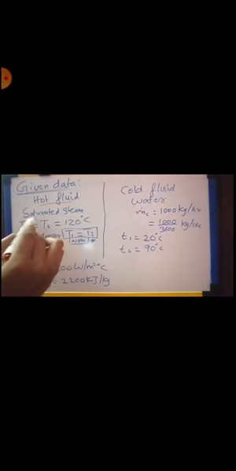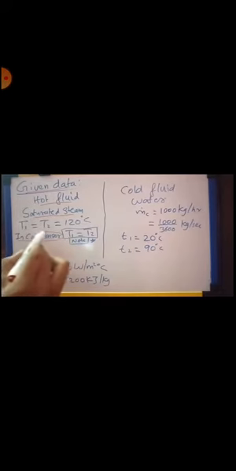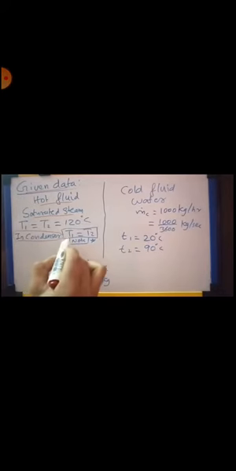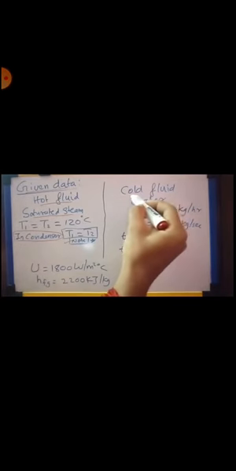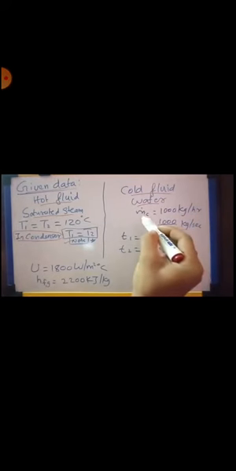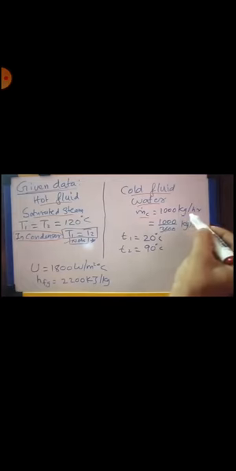First of all, the hot fluid here is saturated steam. So it is a condenser. Therefore, T1 is equal to T2 is equal to 120 degrees. You have to note that point: in a condenser, the inlet temperature is equal to the outlet temperature. Then the cold fluid is water.